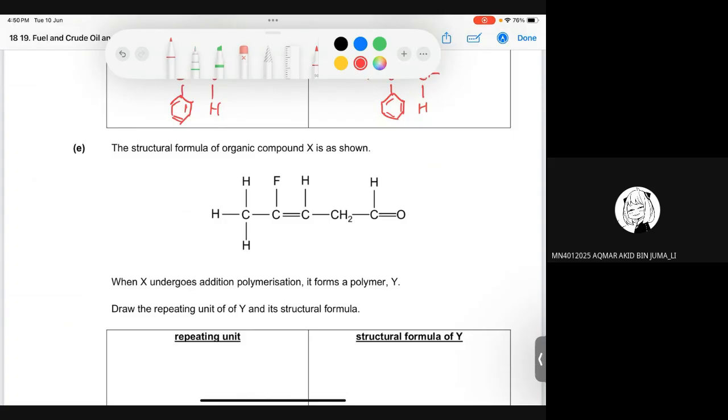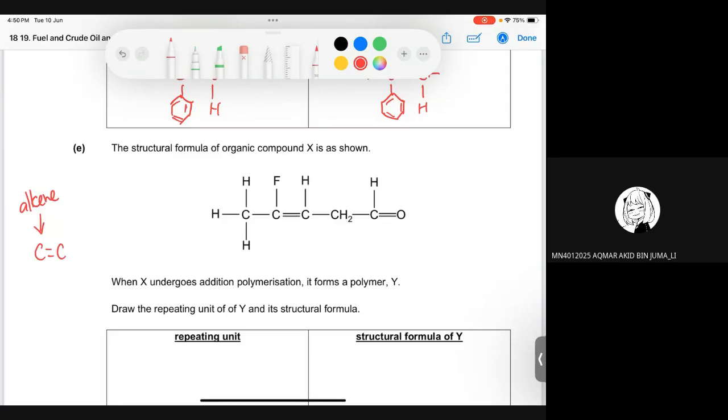Alkene. Alkene, correct. Now, what is so special about alkene? What is its functional group? C double bond C. Okay, good. Zachary, help me.